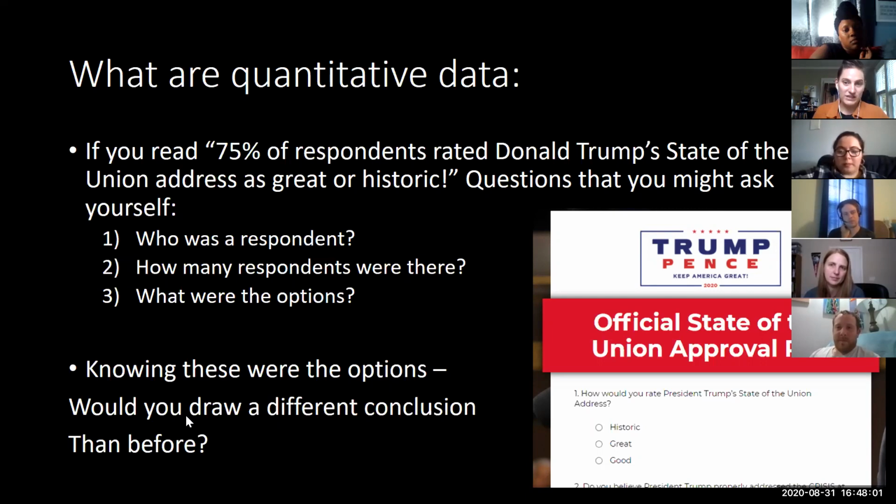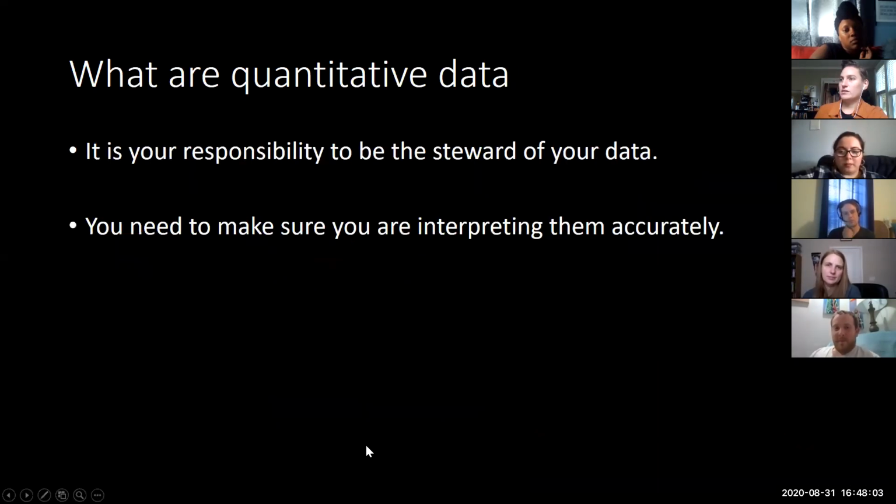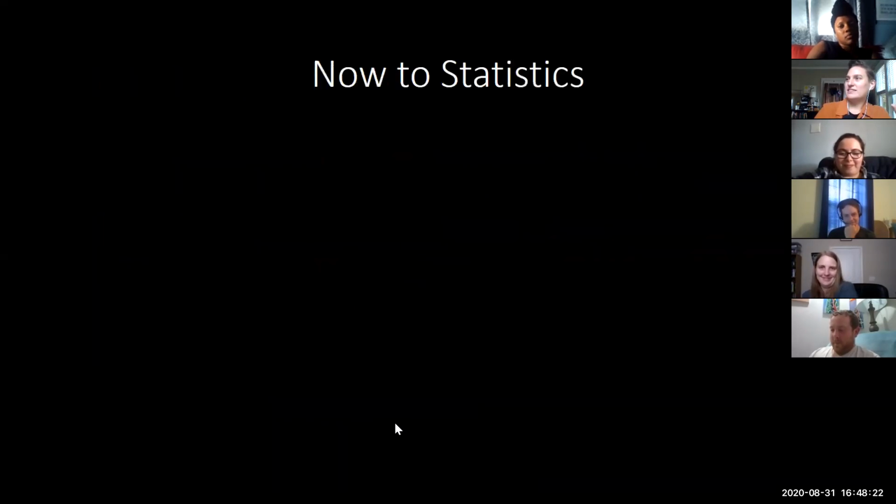What does it represent? That's what that says. You are the steward of your data. This is your responsibility. Okay. Do you feel responsible? Are you ready to take on the power of data interpretation? I'm excited. Okay.